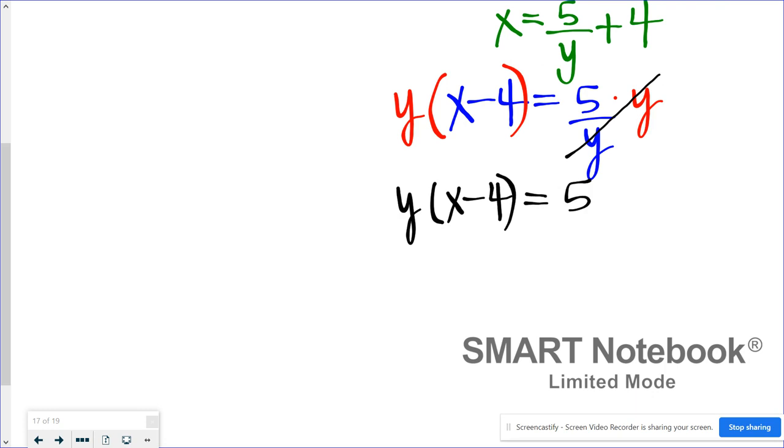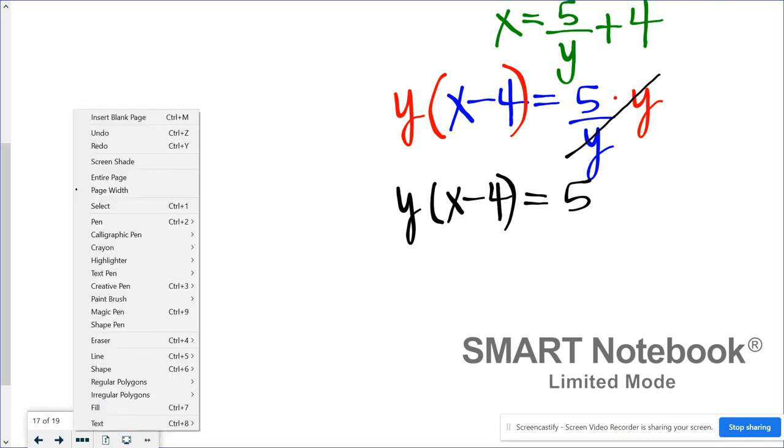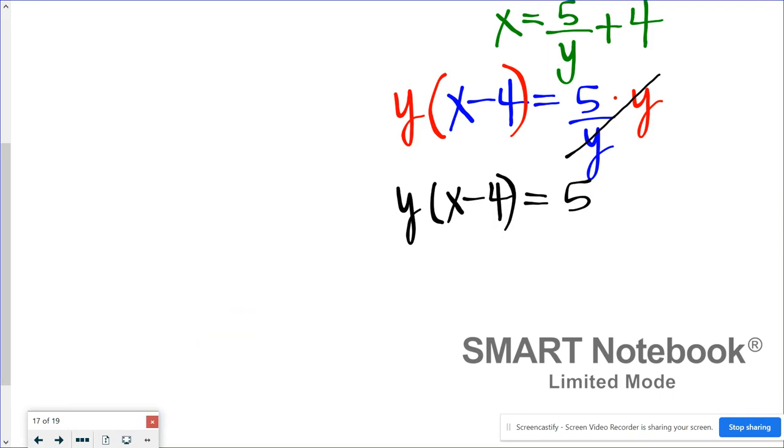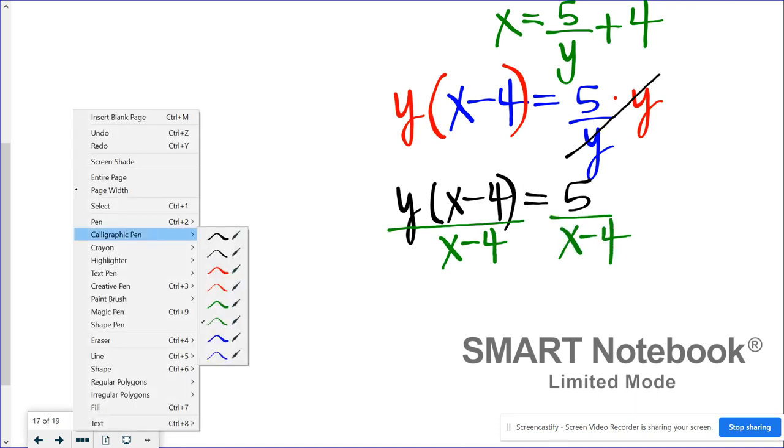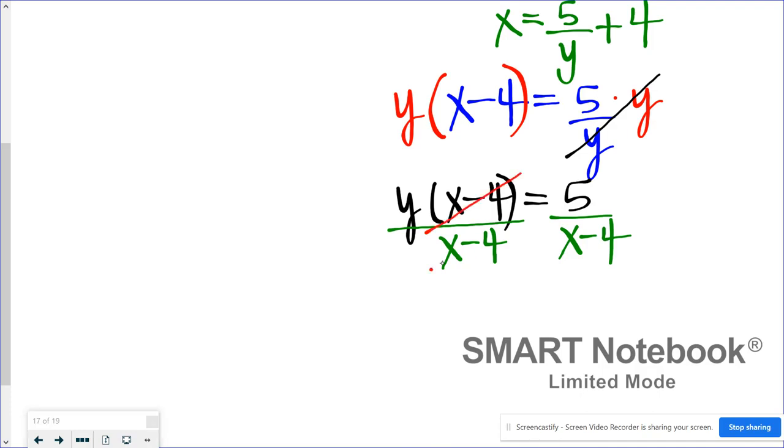It says y times the quantity x minus 4. So that means I can divide both sides by this quantity x minus 4. Doing that gets y all by itself because the x minus 4s would cancel. Y is now all by itself, and it equals 5 divided by x minus 4, and that would be my inverse function.